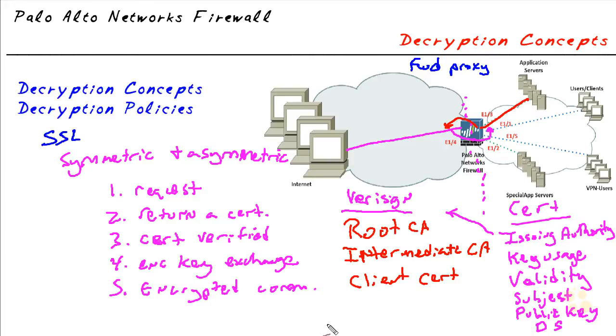I won't be able to trust the entire chain. So that may be something to watch out for when we start looking at it. All root CAs form pretty much the basis of our PKI trusts, the public key infrastructure. On the Palo Alto, you can actually generate your own key. That's what we call self-signed.